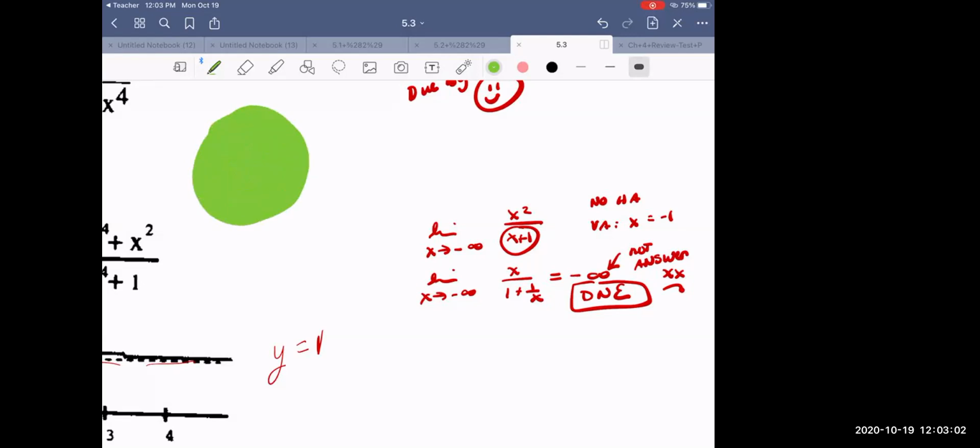Miss Wilson, are we able to use L'Hopital's rule? Are we able to use that? So yes, you are, because definitely, the numerator derivative is 2x, the denominator is 1, you plug in negative infinity, you get negative infinity.